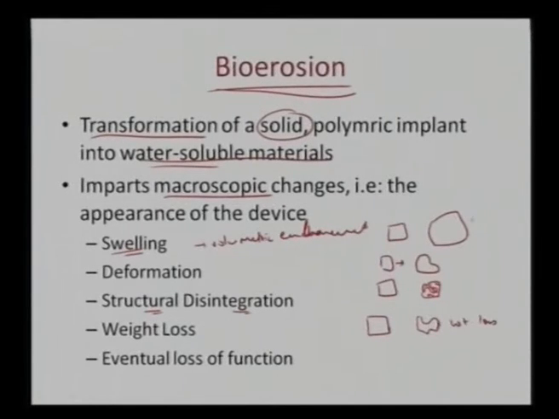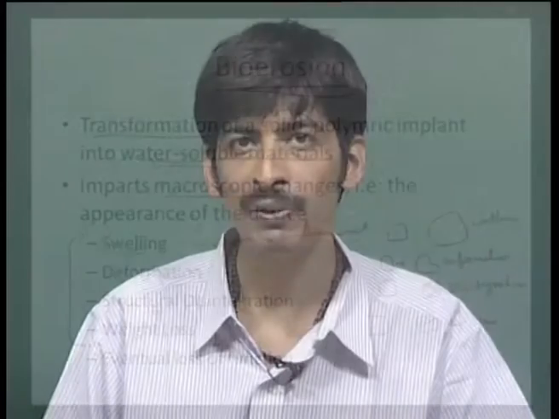So we have swelling, we can have some deformation, we can have some disintegration, and we can have weight loss, and eventually all these lead to eventual loss of function, because the functionality is dependent on the kind of material available, the quantity of the material, the weight of the material, and also the chemical nature of the polymer available at the end of a particular cycle or the storage.